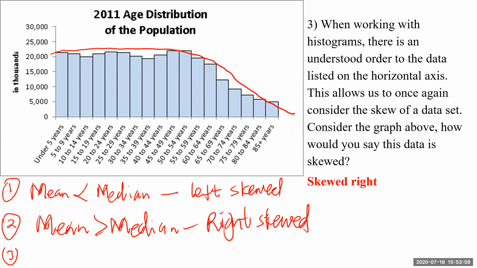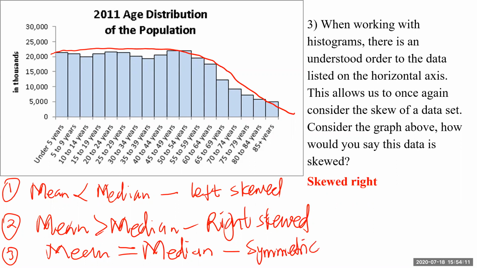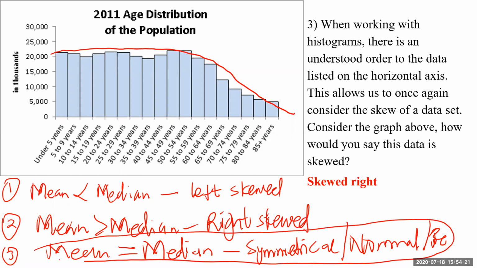And then the third one, when the mean is equal to the median, which is also equal to the mode, we have symmetrical. Okay, and we are going to talk about it as the normal and then the bell-shaped. So this one will be our focus for the normal distribution.